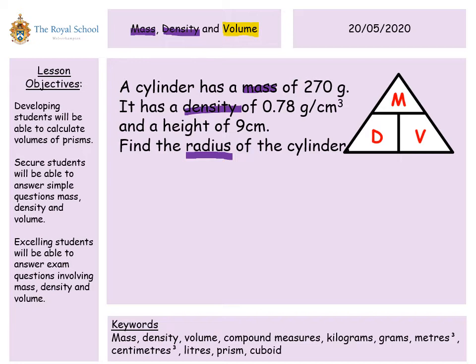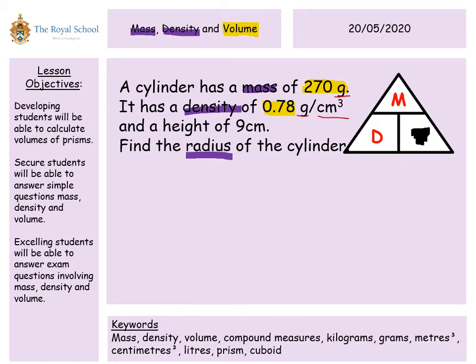So if we need to work out volume, we'll be doing mass divided by density. So the mass of the object is 270 and the density is 0.78. Are our units consistent? Well, yeah, this one has grams in it and then this one has grams per centimetre cubed in it.